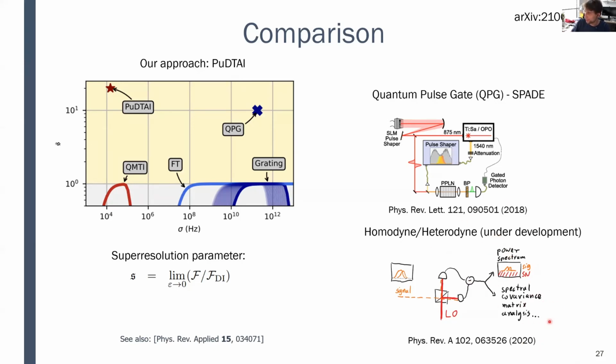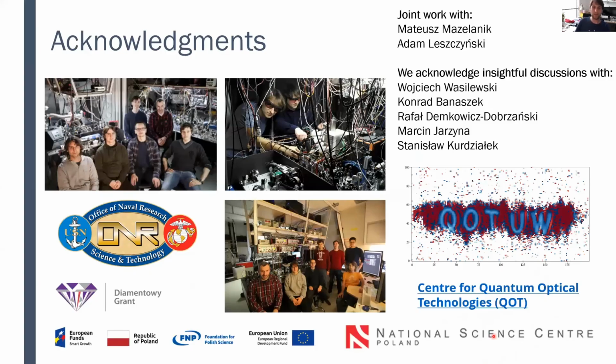But you can get some spectral super resolution out of it, and this is what we are also intensively working on with Konrad Banaszek and the Fiori team, and their paper has been published, which is about the same thing, but in the spatial domain. It actually presents the very same idea.